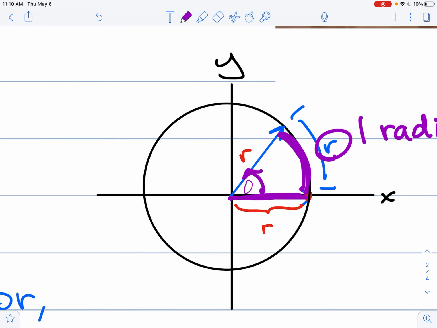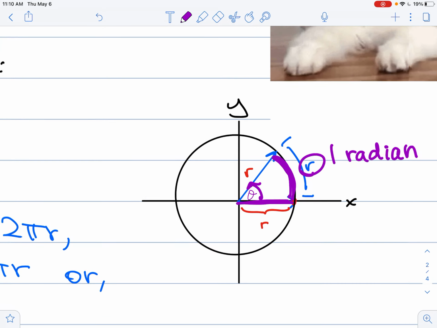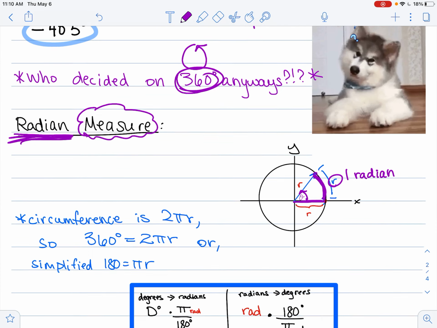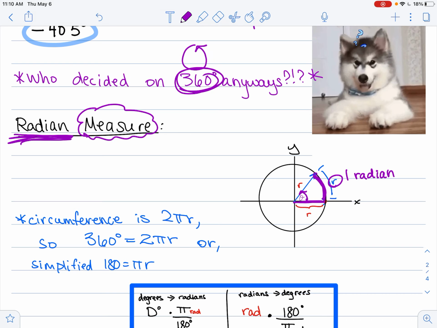We've been talking about an angle being theta. When it opens up far enough on the circle, we call that 1 radian, when it's equal to a radius.